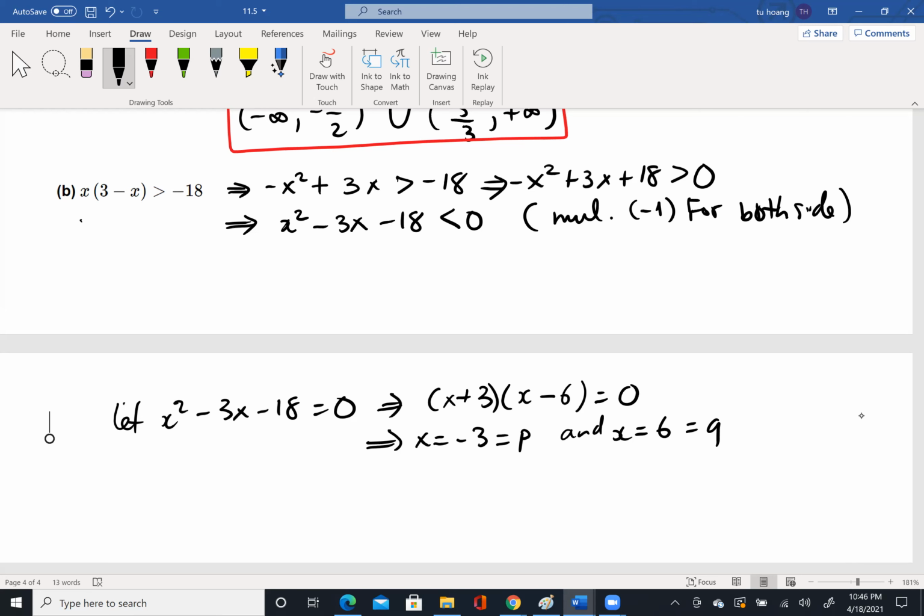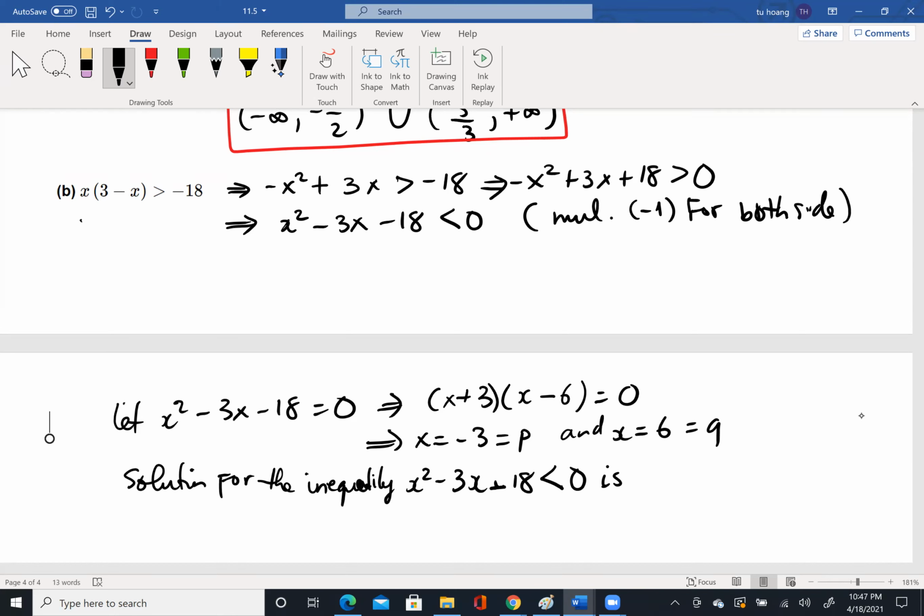So if you have these, then you're just going to say the solution for the inequality x squared minus 3x minus 18 less than 0 is, since it's less than 0, you use the middle interval between P and Q, right?